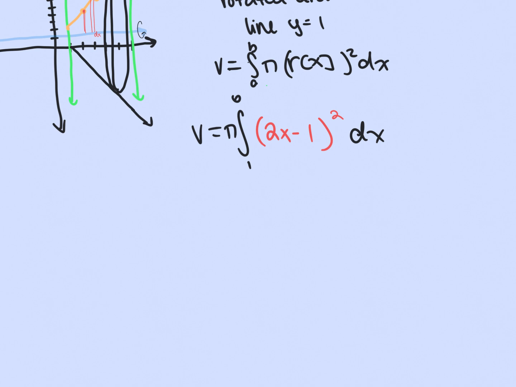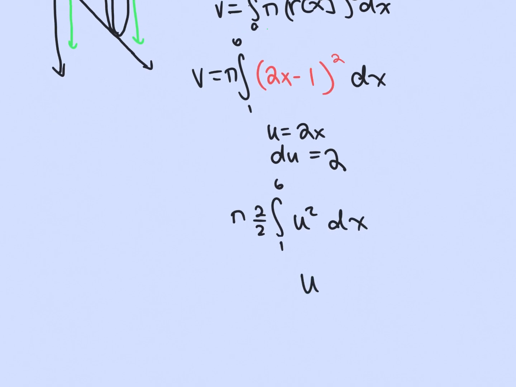So this is a chain rule. We can use u du if we wanted to. So u equals 2x, du equals 2. So u squared, 2 over 2, 1 to 6, and then dx.